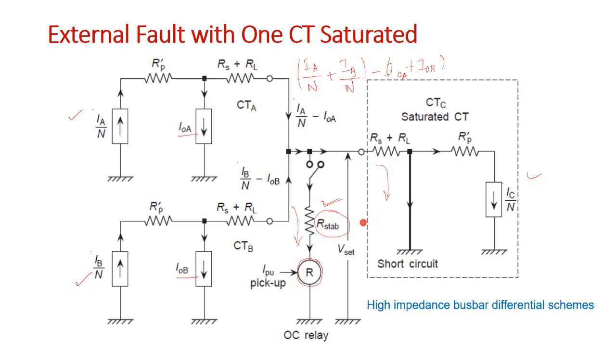So we can say that for the external fault your relay is not responding, even if one of the CTs becomes saturated. That is called the high impedance busbar differential scheme. When we put a high impedance or high resistance in the spill path in series with the relay, that is called the high impedance differential scheme. In fact it stabilizes the relay against maloperation during the external fault.